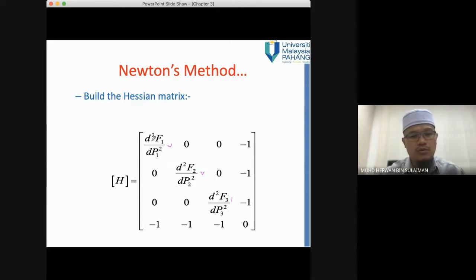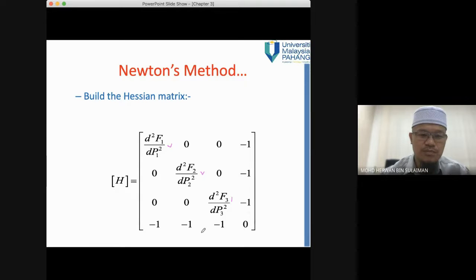Okay, so how to do it? First, you do the second derivative d2 F1 over dP1 square for the diagonal elements, and the last element is equal to 0. And then the off-diagonal elements are 0 except for the last column and last row. The off-diagonal of the last column and row is -1.